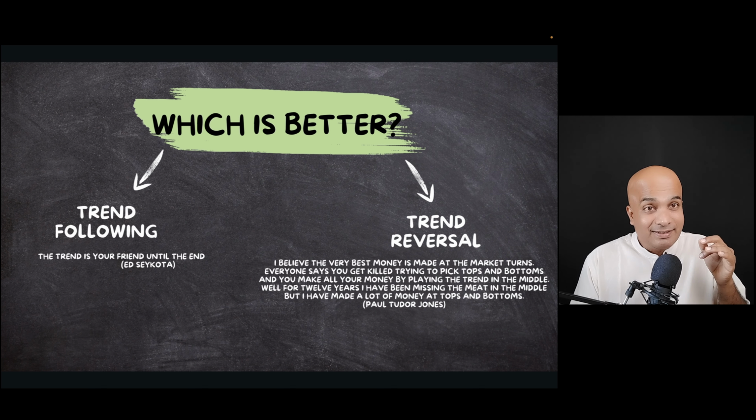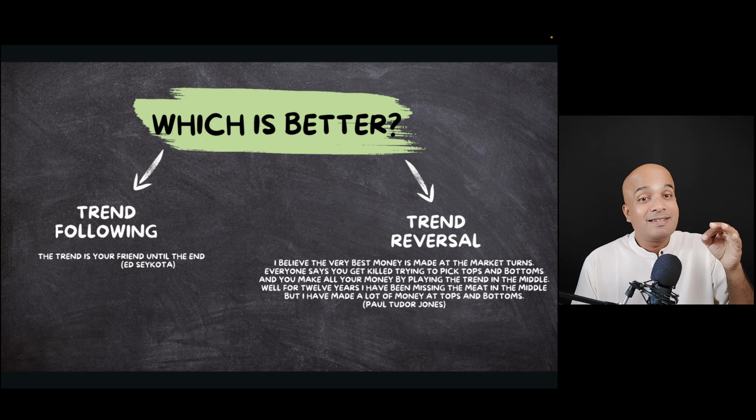So I would suggest a trend following strategy is suitable for all normal traders or retail traders like us, and we will leave the trend reversal strategy for experts like Paul Tudor Jones. Because of this reason, I'm explaining a simple swing trading strategy under the trend following concept.